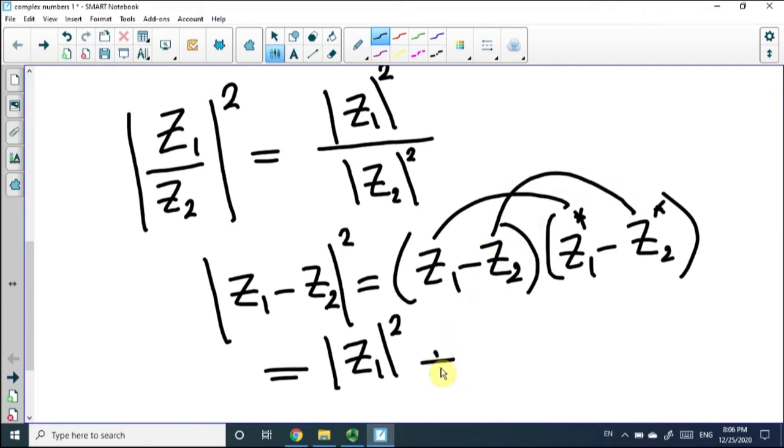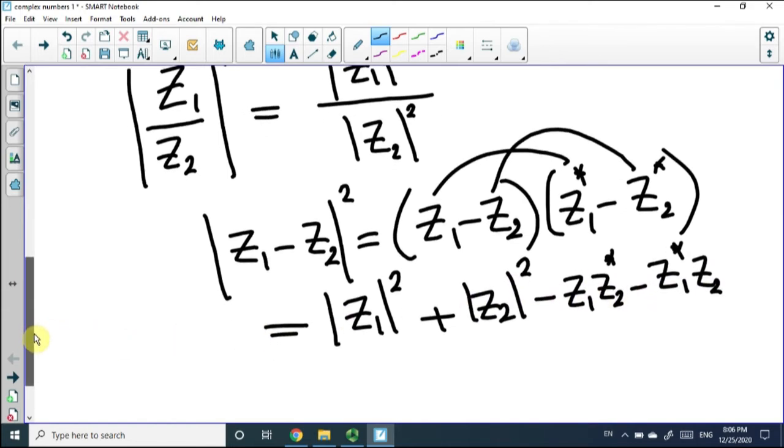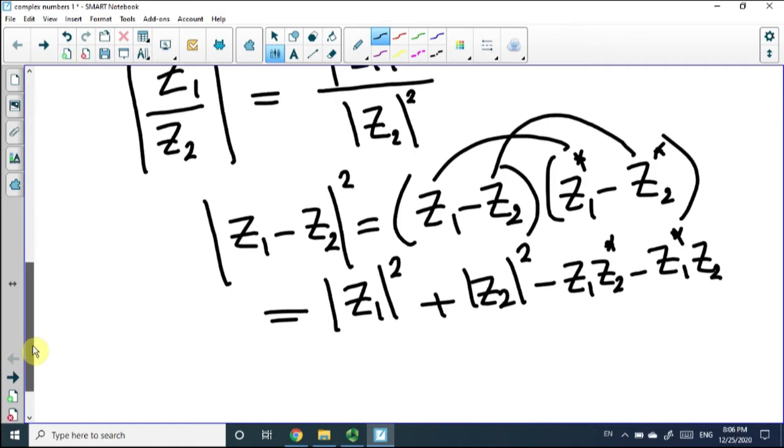Then the mixed terms: minus z1 times z2 complex conjugate, and another term, minus z1 complex conjugate times z2. So we can use these two results to simplify the expression.